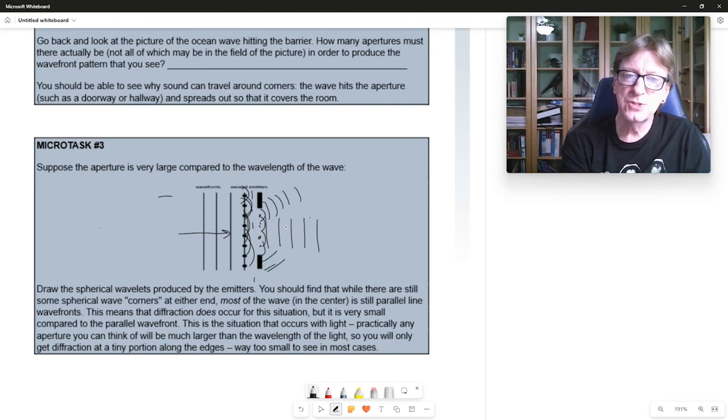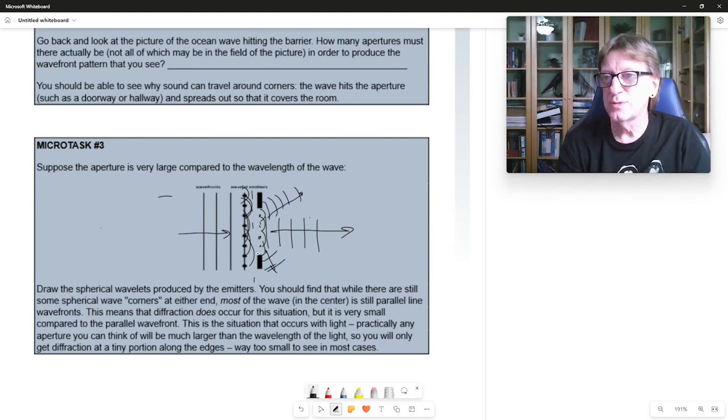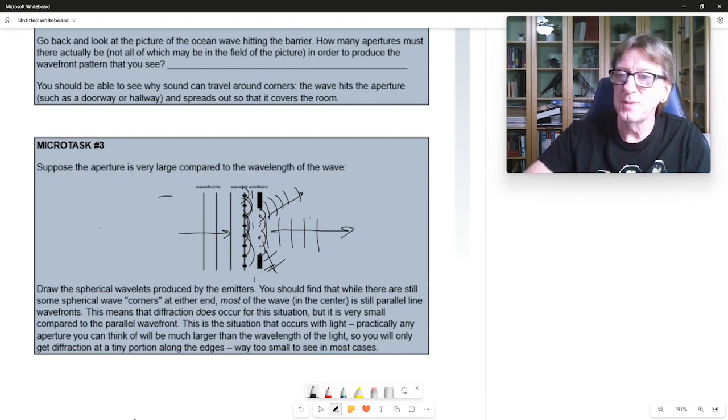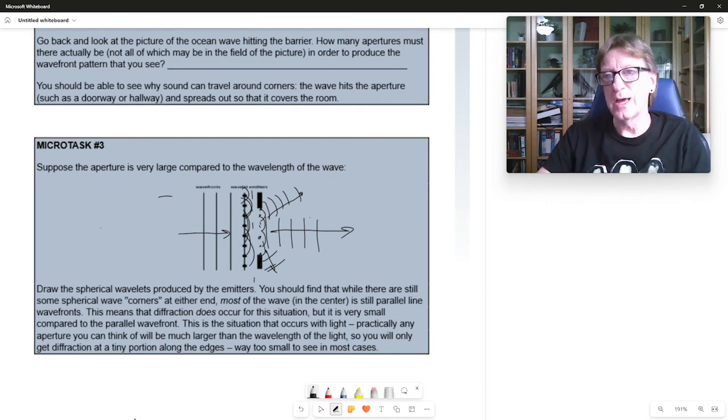But compared to the entire wavefront here, that's going to be a very small part. So most of the wave is still going to be propagating this way, but there's a tiny little bit maybe that's going this way. Because if you think about it, if I have, making this up, 100 wave emitters here, only these ones on the end are not going to be canceled out. So only a little bit of the light comes through. This is what's happening with light, and this is why you can't see around corners.